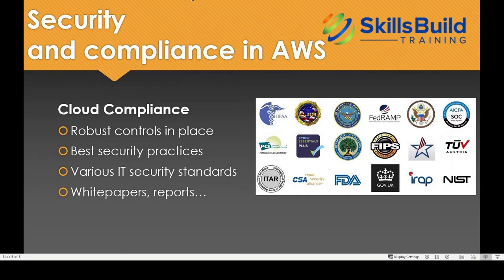This helps customers to establish and operate in an AWS security control environment. The IT infrastructure that AWS provides to its customers is designed and managed in alignment with the best security practices and a variety of IT security standards. And here on the right-hand side, we can see some assurance programs with which AWS complies. There we have SOC compliance, HIPAA, PCI DSS as well, and many, many more.